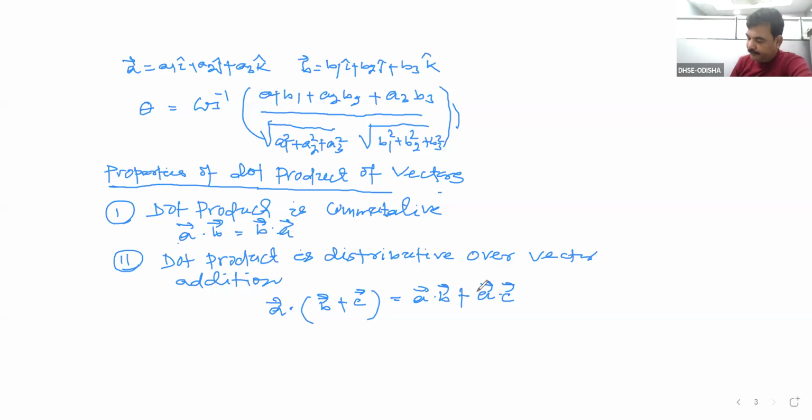Okay. Then property 3, A dot 0 is equal to 0.